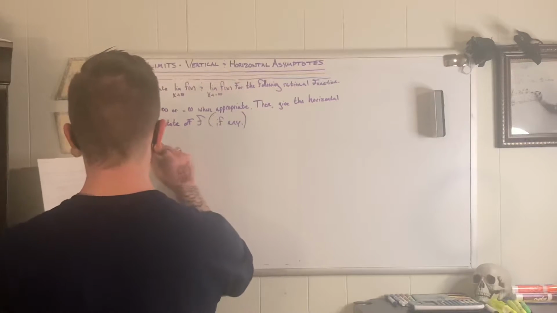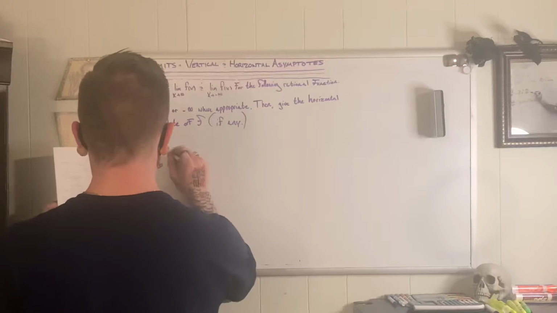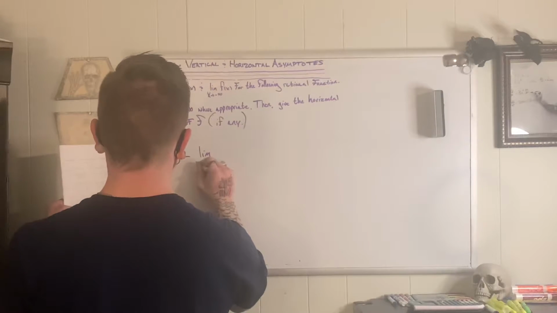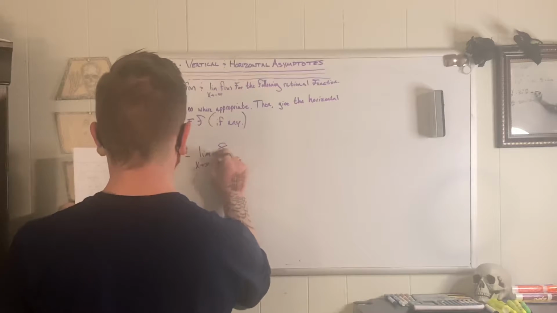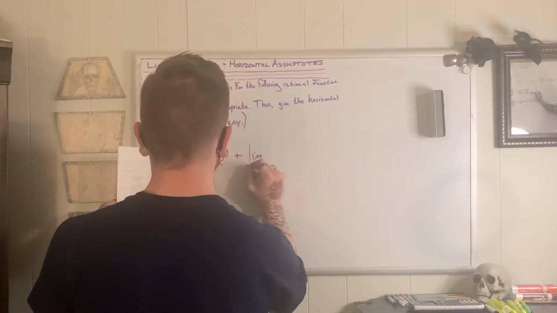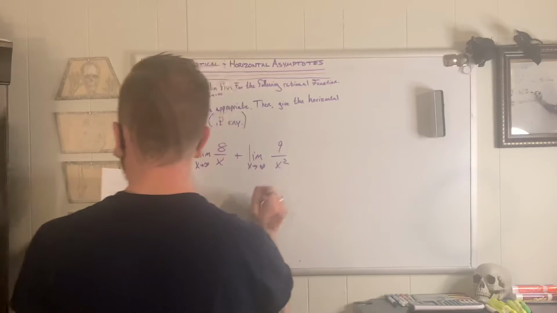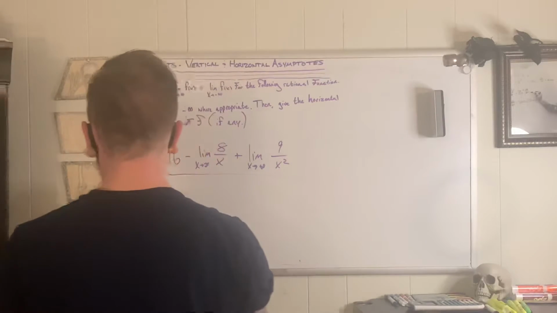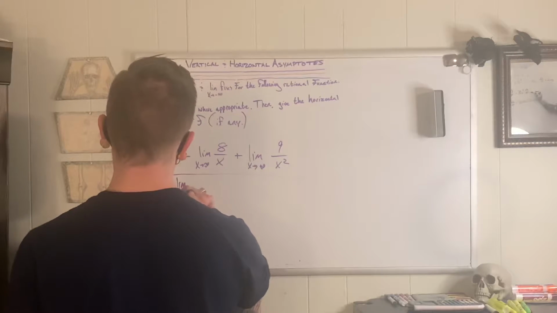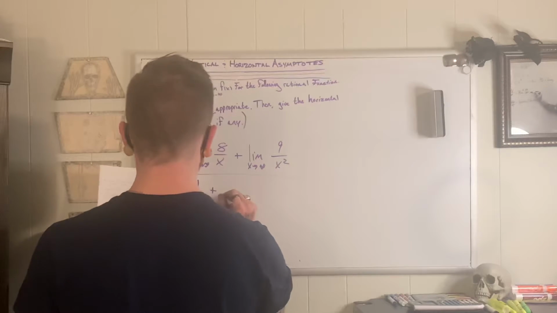So we have the limit as x approaches infinity of 16 minus the limit as x approaches infinity of 8 divided by x plus the limit as x approaches infinity of 9 divided by x squared, all divided by the limit as x approaches infinity of 4 plus the limit as x approaches infinity of 2 divided by x squared.